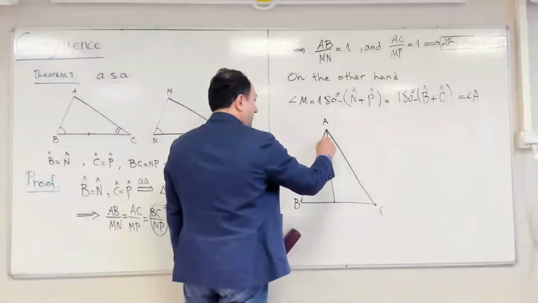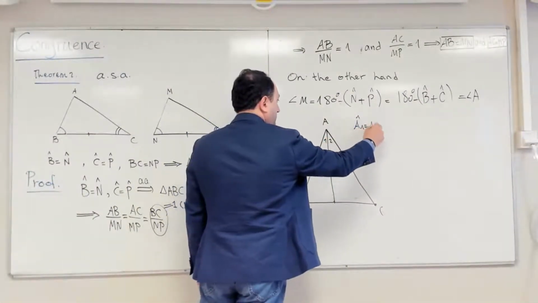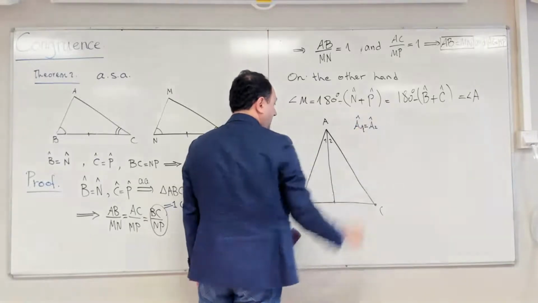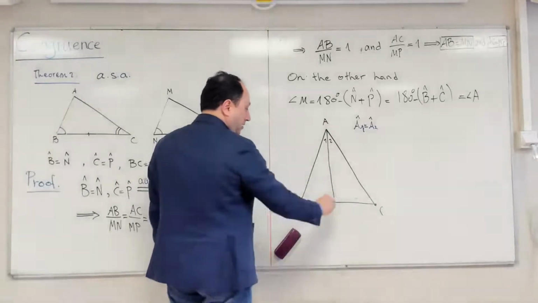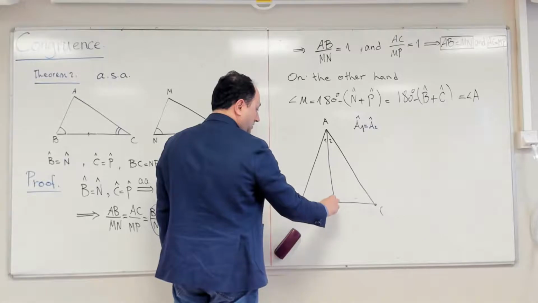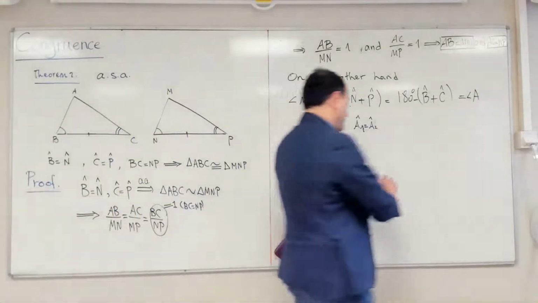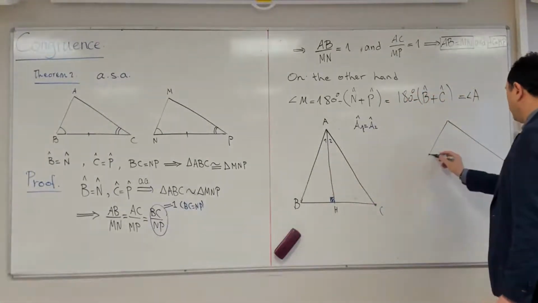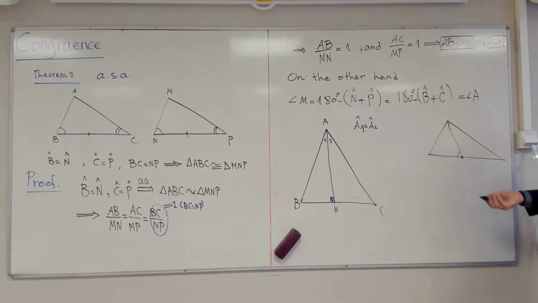So it means that angle A1 is equal to angle A2. I am giving you this piece of information. And I am telling you that when I draw the bisector and measure this angle, it becomes 90 degrees. So you see, this is not under my control. This is not always the case. If I have a triangle like this and just draw the bisector, it will intersect this line with some angle which I don't know.